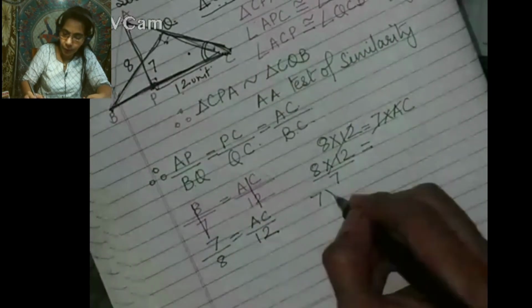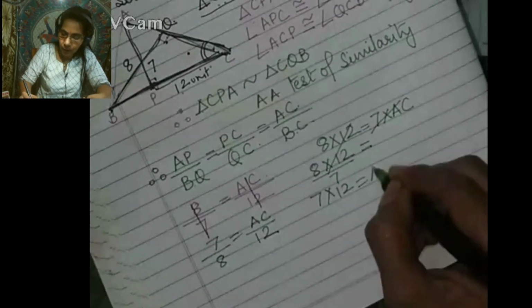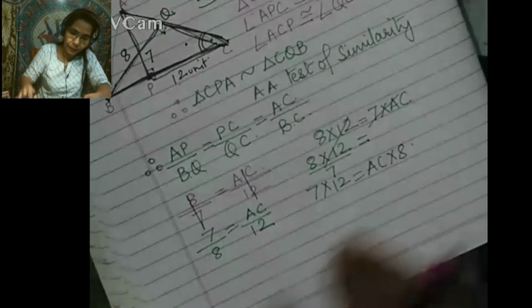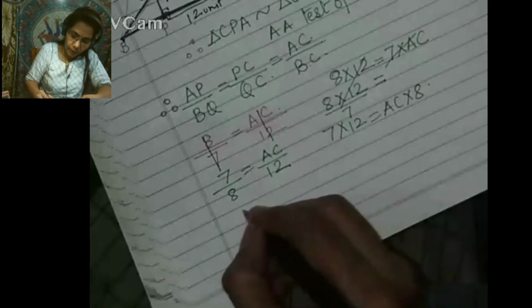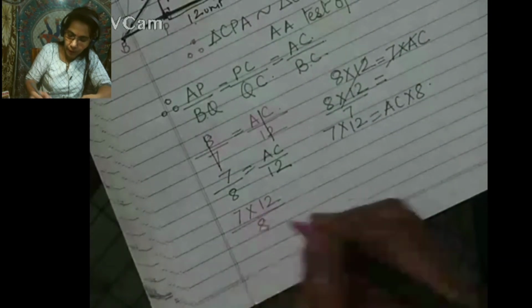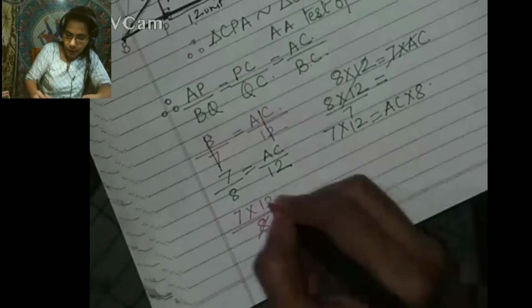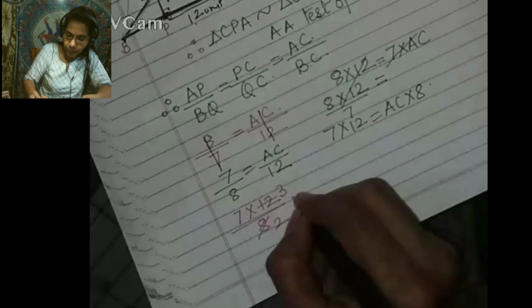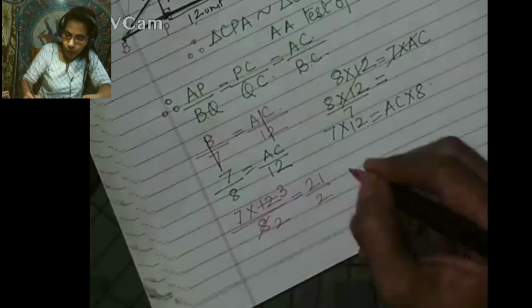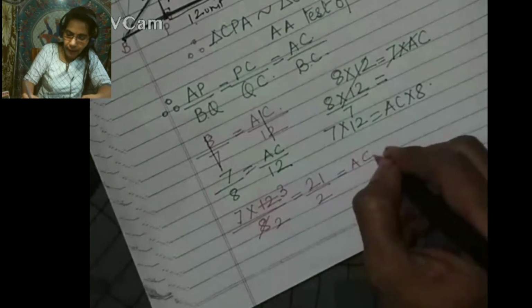So 7 into 12 is equal to AC into 8. 7 into 12 upon 8, 4 2s are 4, 3s are 7 3s are 21 upon 2 is equal to AC.